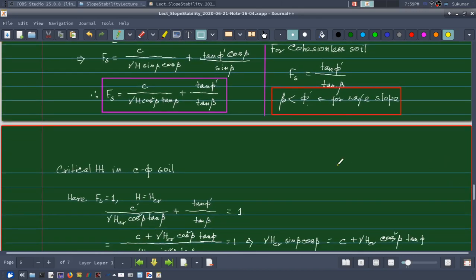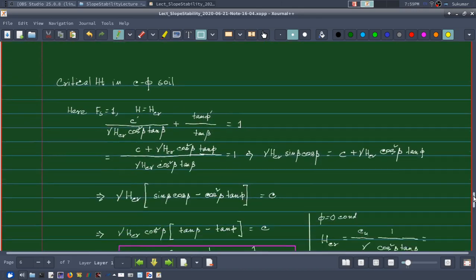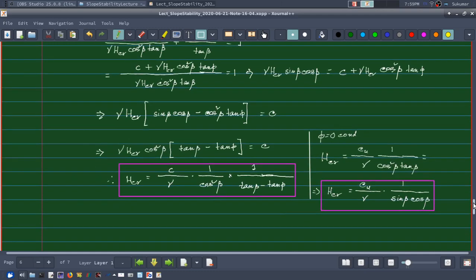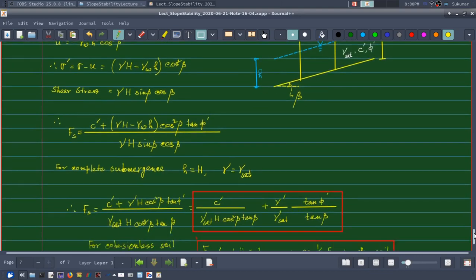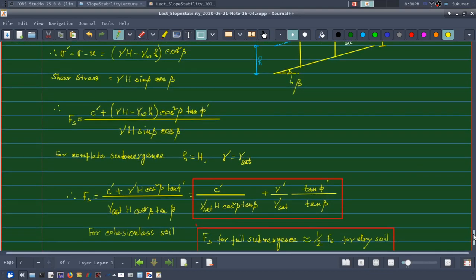And we have also seen in case of c-phi soil how critical height can be obtained, and in case of phi equal to 0 condition, how critical height of the slope before failure can be obtained. And we have seen the effect of seepage also.